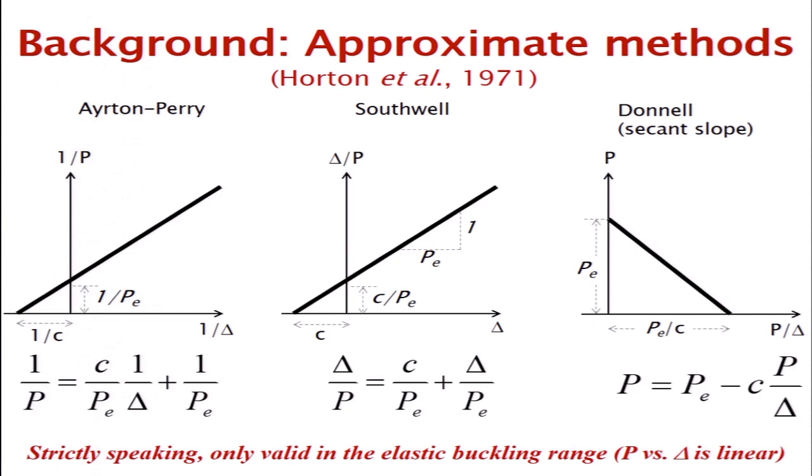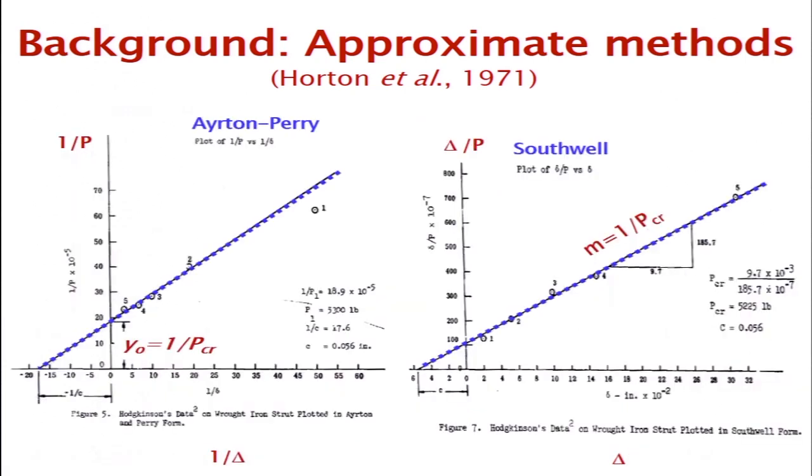I must say, again, unfortunately, there are things that are not on the screen here. Very important. This, of course, holds only, strictly speaking, in the elastic range. And because some of our columns were actually going into the inelastic range, and we would expect them to do that as the slenderness decreases, then these formulas are not, strictly speaking, applicable to some of our cases.